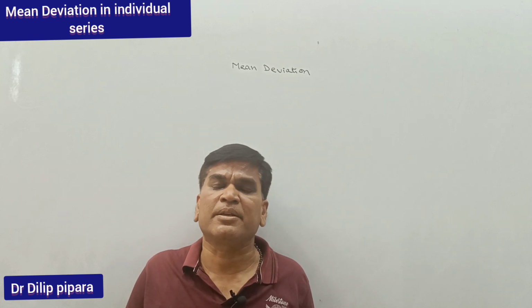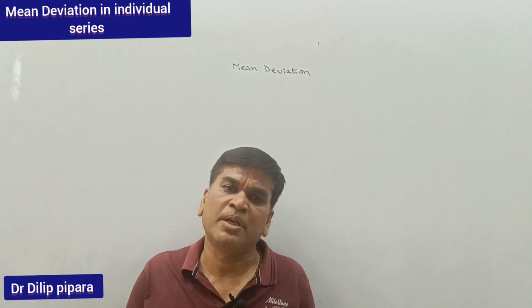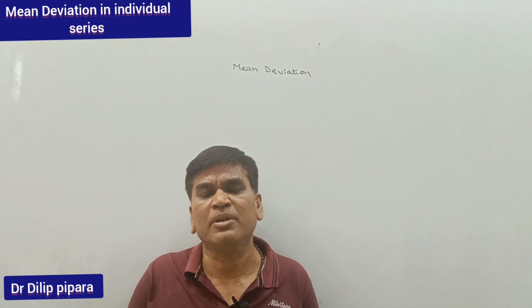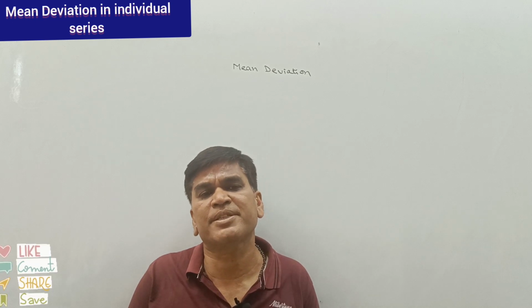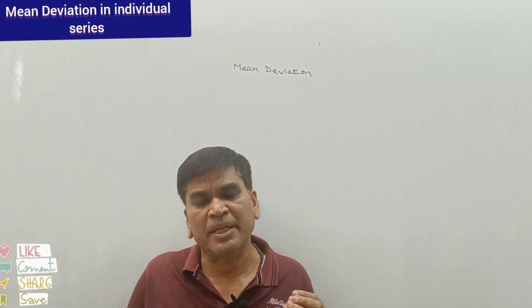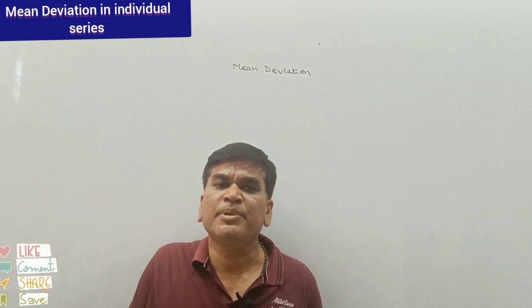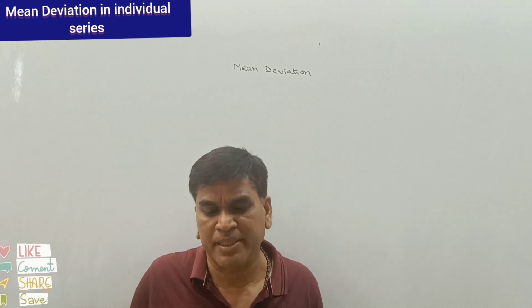First we take the deviation from either the arithmetic mean, median or mode. We ignore the plus and minus signs of the deviations, then sum the deviations, and the arithmetic mean of that sum will be called the mean deviation.